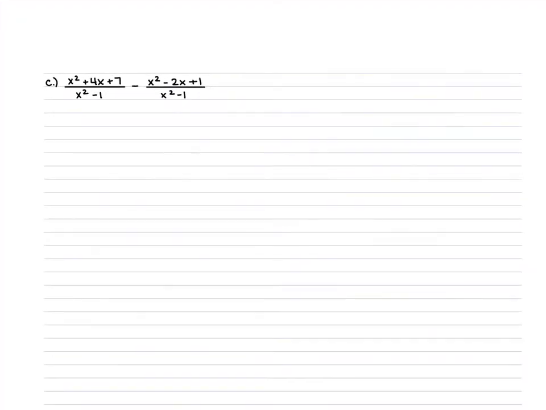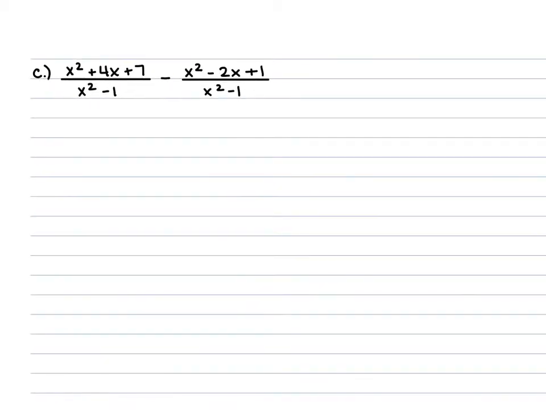For example C, we have x squared plus 4x minus 7 over x squared minus 1 minus x squared minus 2x plus 1 over x squared minus 1. Your two fractions have the same denominators, so we are going to rewrite this as x squared minus 1 in the denominator, and then we are going to rewrite the top as x squared plus 4x plus 7 minus x squared minus 2x plus 1.